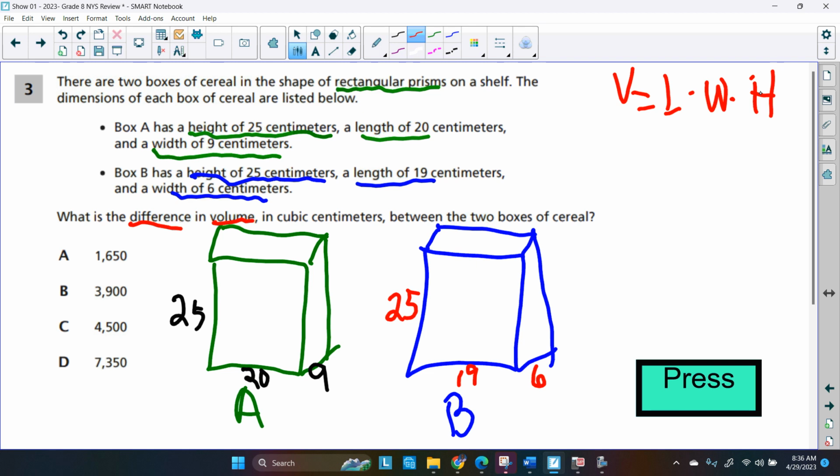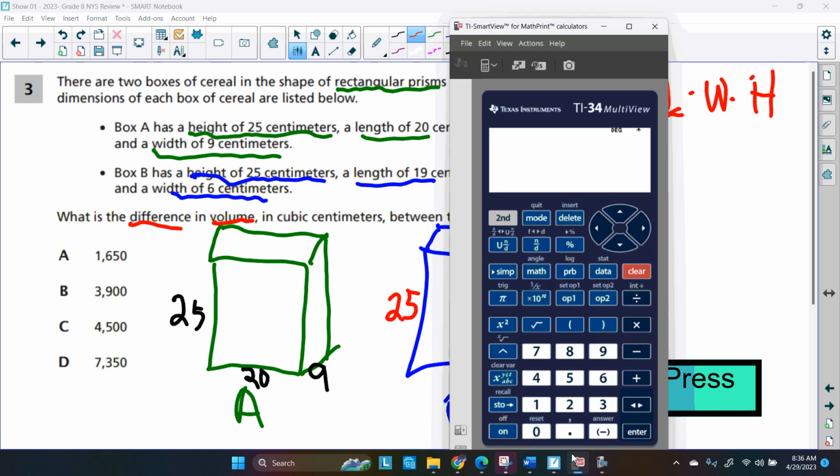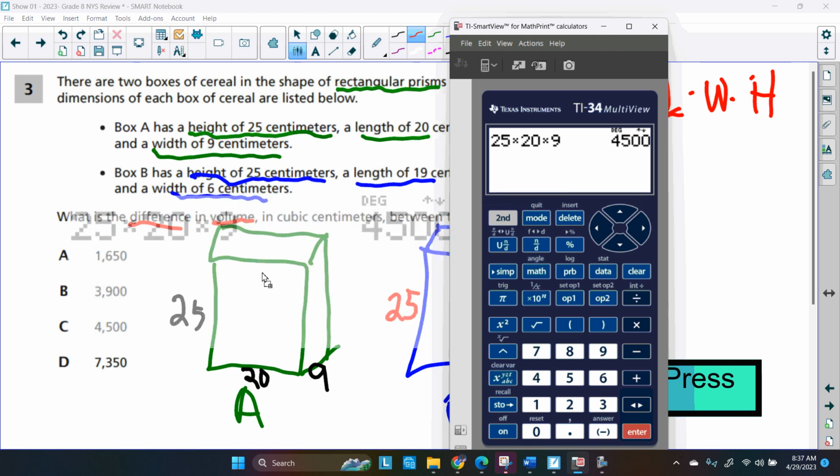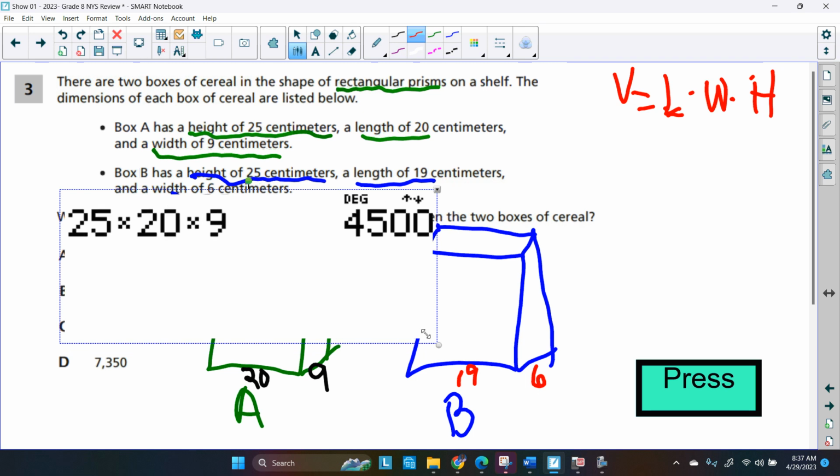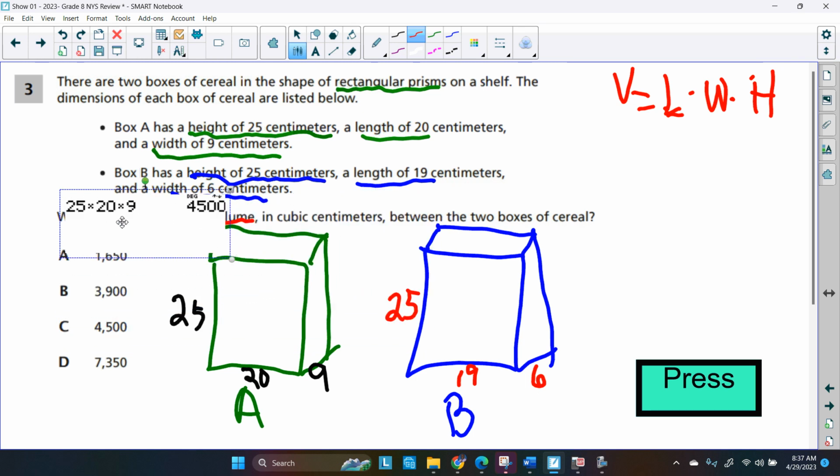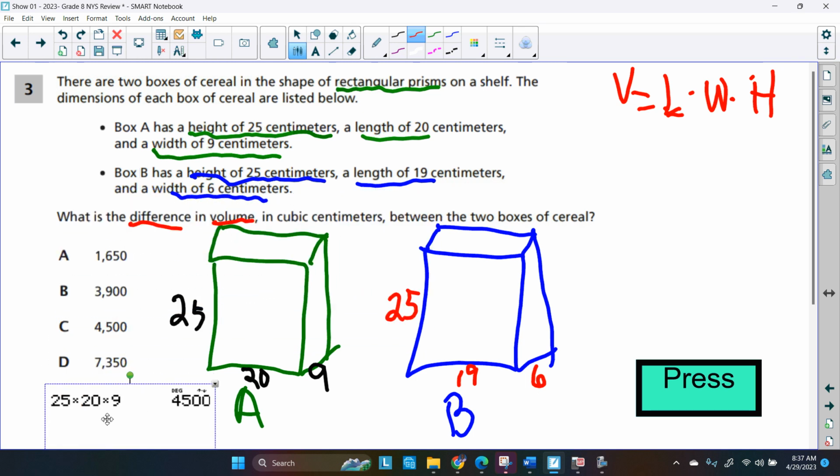We're going to use our calculator to help with the multiplication, because 25 is kind of big. So 25 times 20 times 9, this will be the volume of box A: 4,500 cubic centimeters. So it holds a lot of cereal.